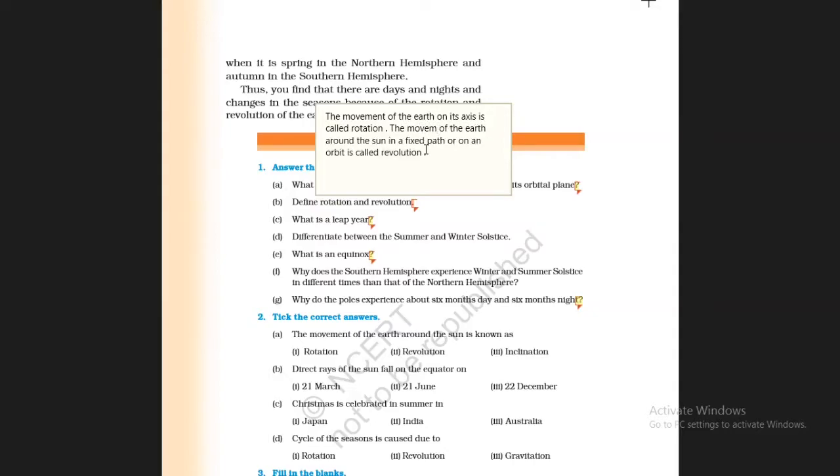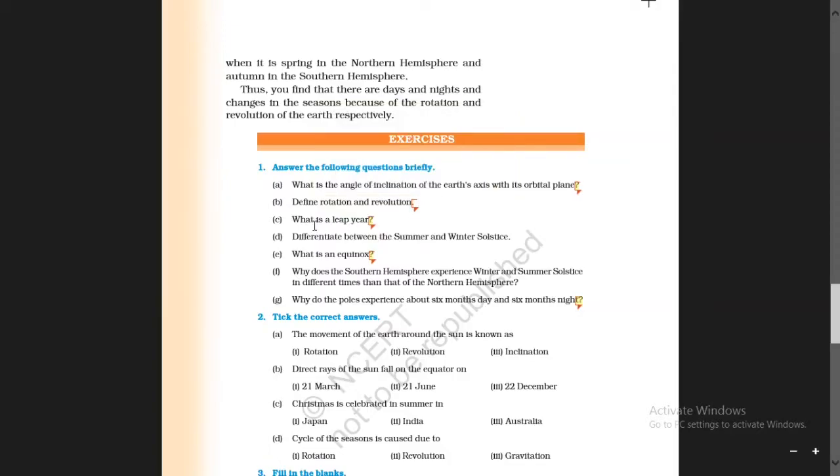Don't forget this one, okay? Then revolution. It is the movement of the earth around the sun in a fixed path or an orbit. So what is rotation and what is revolution, you have learned.